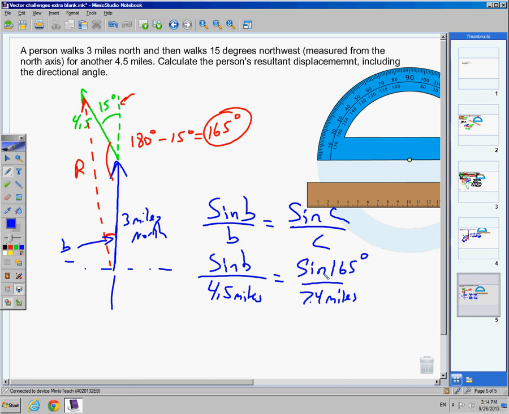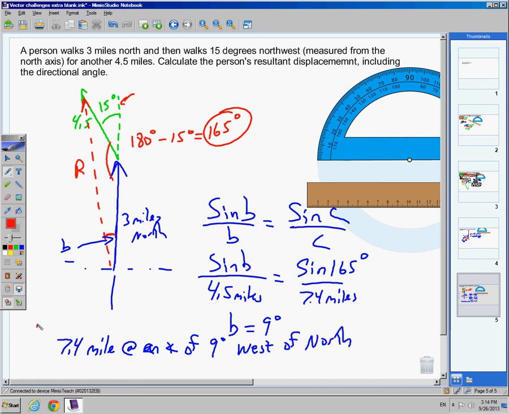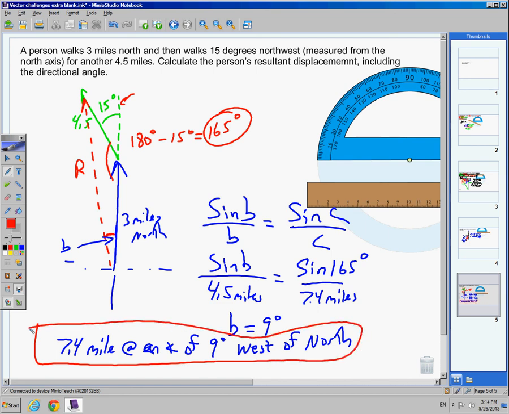I'm looking for B. I get B to be 9 degrees. So my answer is going to be 7.4 miles at an angle of 9 degrees west of north. Not a perfect box, but you get the idea.